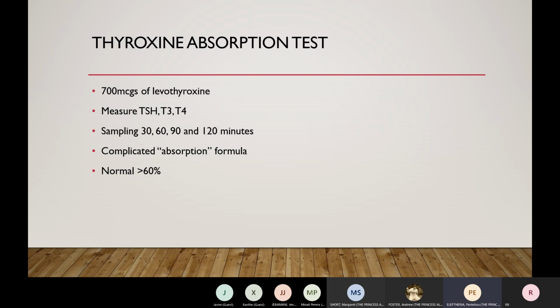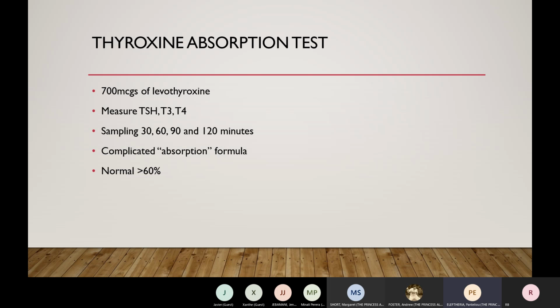I think, again, that's an area which is not very clear to us. But some centers do a thyroxine absorption test that comprises giving a big weekly dose of 700 micrograms of levothyroxine in one go, and then measuring TSH, T3, T4 every 30 minutes for 120 minutes, and then by using a complicated formula calculate how much thyroxine is absorbed.